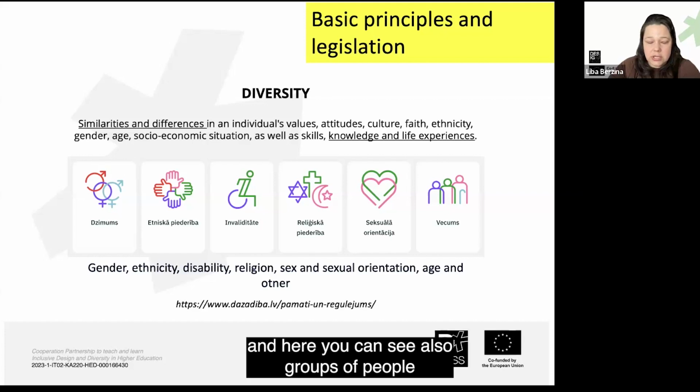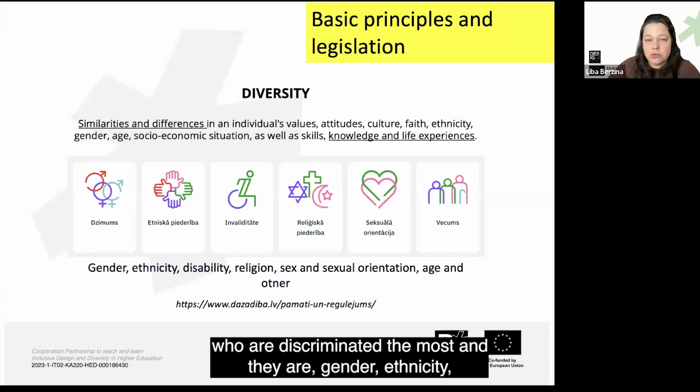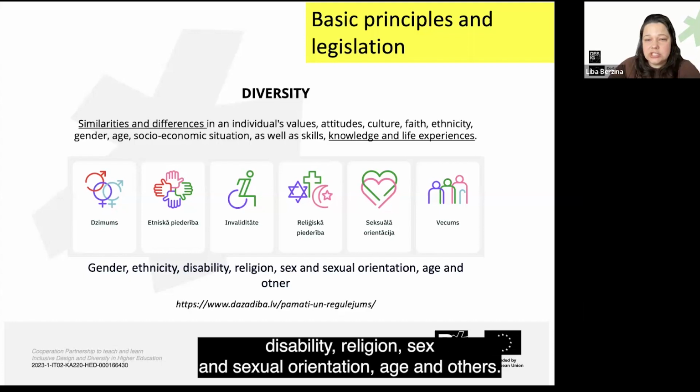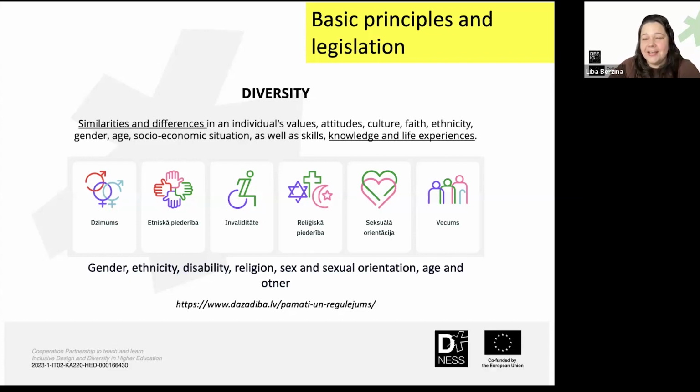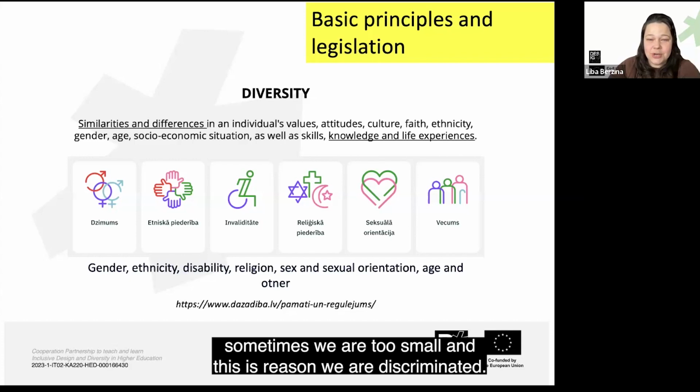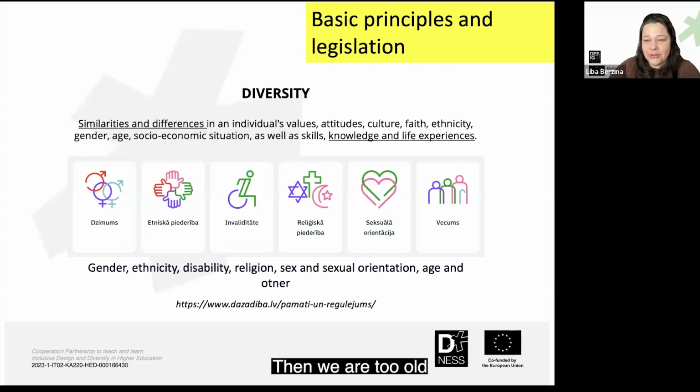And here you can see also groups of people who are discriminated against the most, and they are gender, ethnicity, disability, religion, sex and sexual orientation, age, and others. Of course, there are also others, but as you can see, it's also age. And again, this is something we all have. At one point, sometimes we are too small, and this is the reason we are discriminated against, and we are too old, and always there is something we are discriminated against because of.